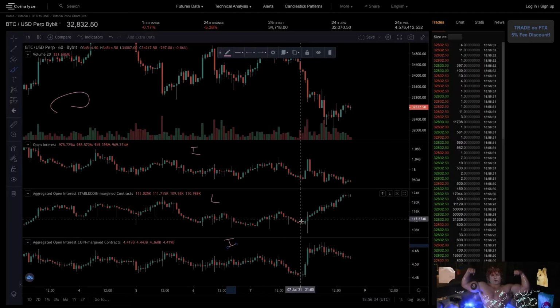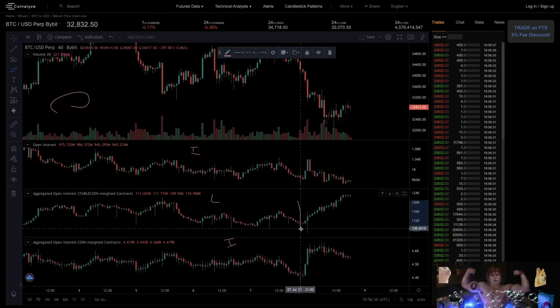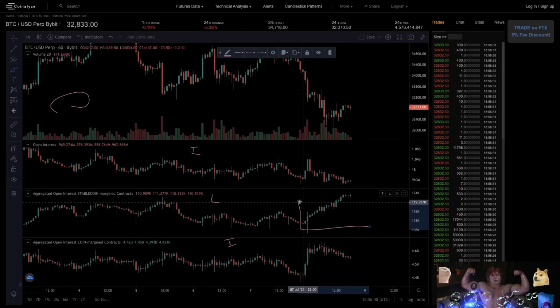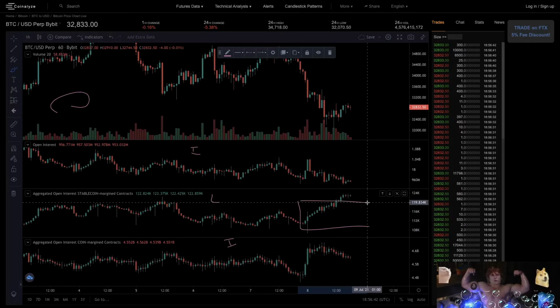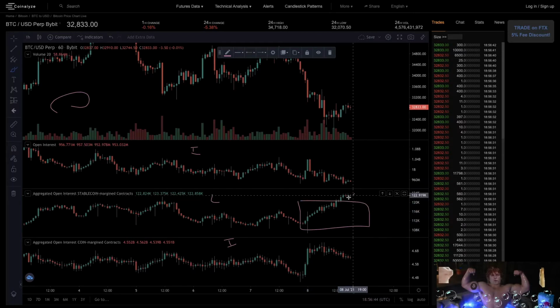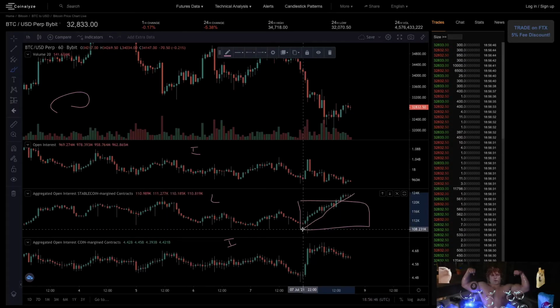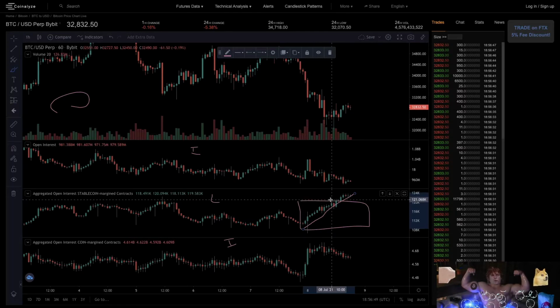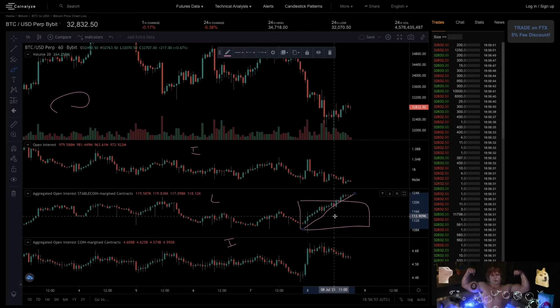So it is entirely possible for people to open up long positions on linear futures, aka stablecoin margin futures, with a liquidation price below zero. That is not the case for inverse futures.